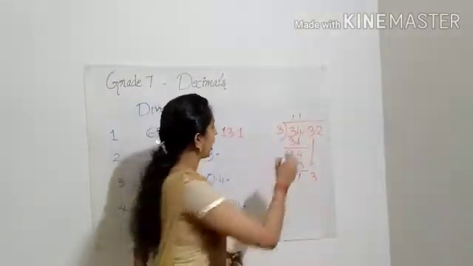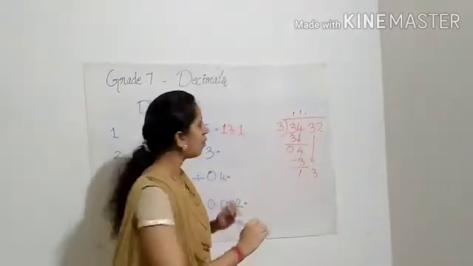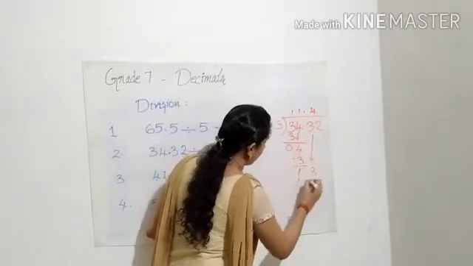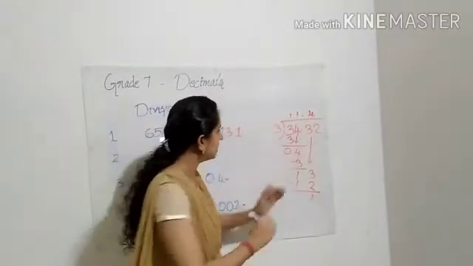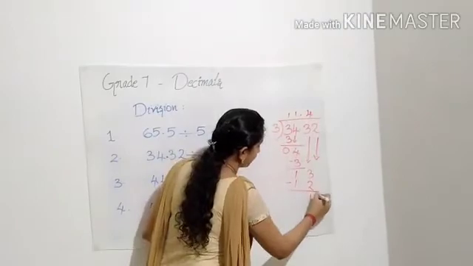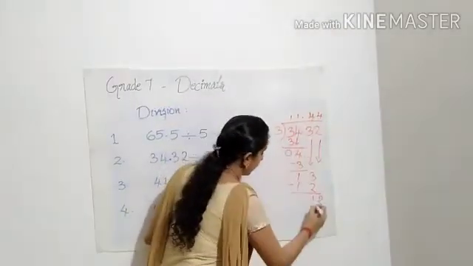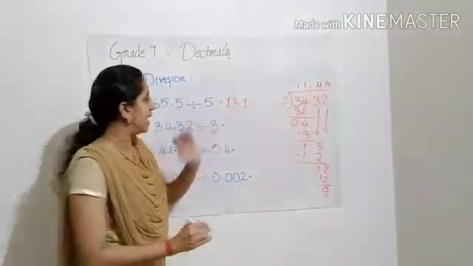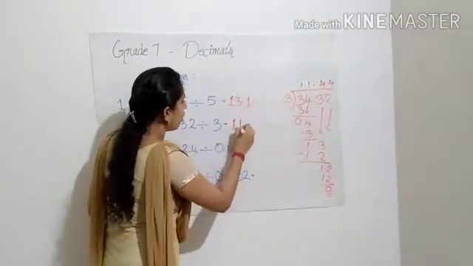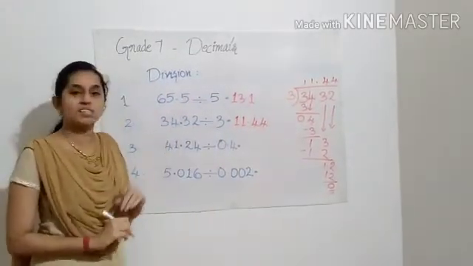So just put it straight in the quotient part. And now in 13, 3 fours are 12. When we subtract, we get 1 as balance. Next digit, it's 2. So in 12, 3 goes 4 times. So we get the remainder as 0. So the answer is 11.44. So let's move on to the next question.